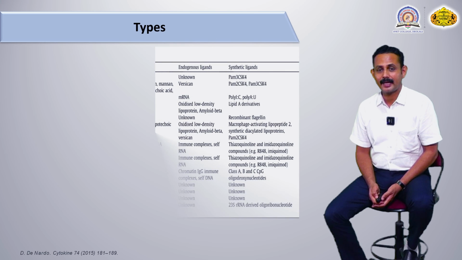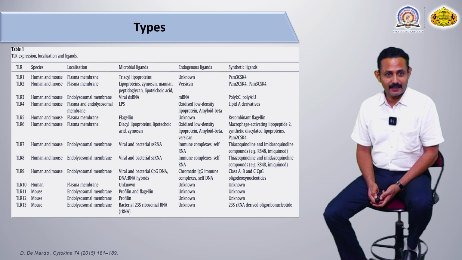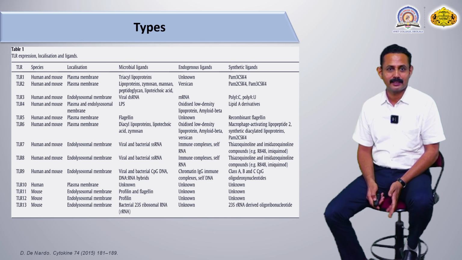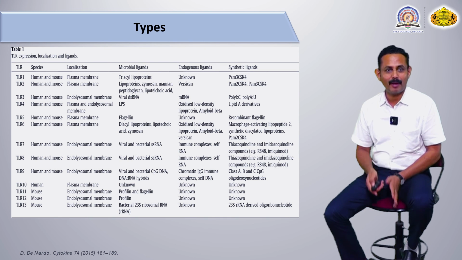Let us see the different types of TLR. They are expressed with localized ligands. It is a full family as per their chemical composition, localization, and function.